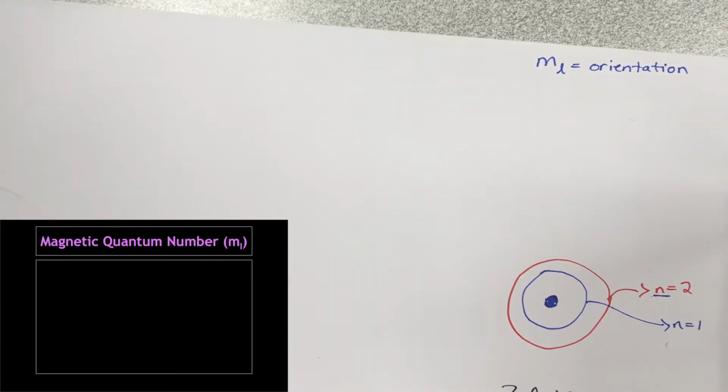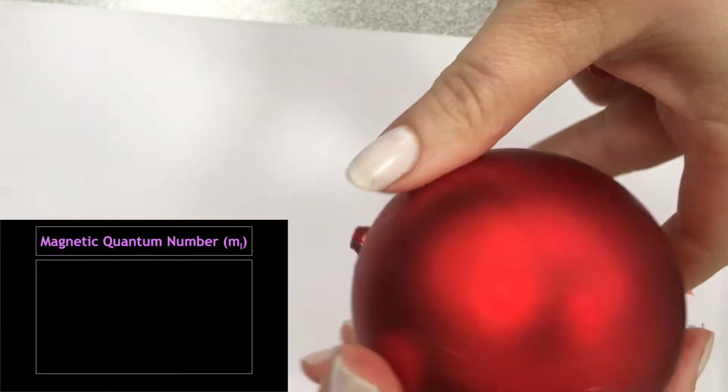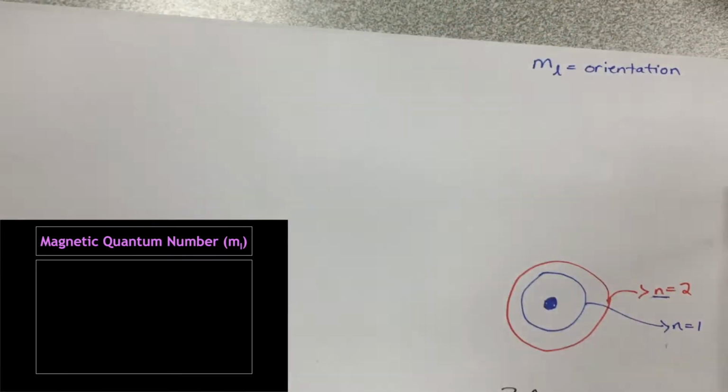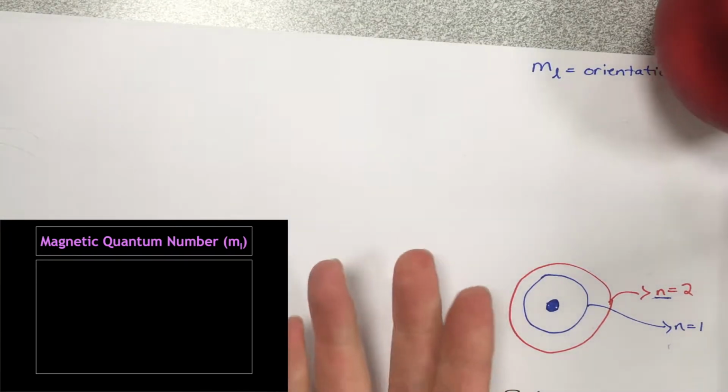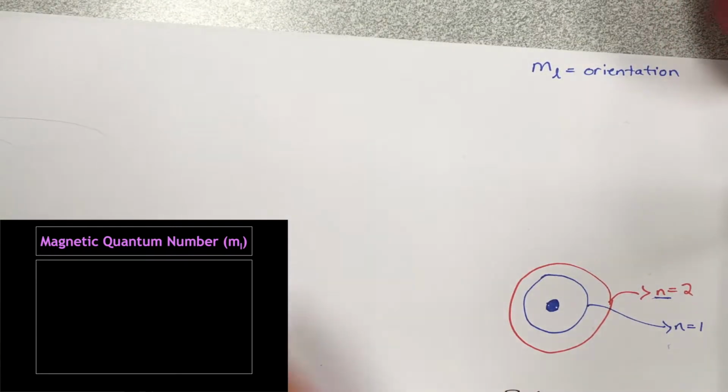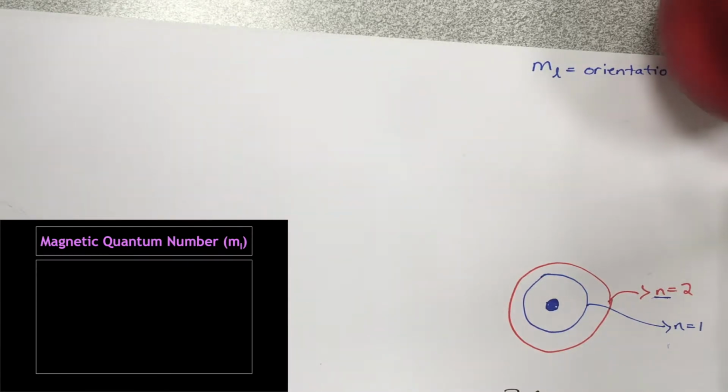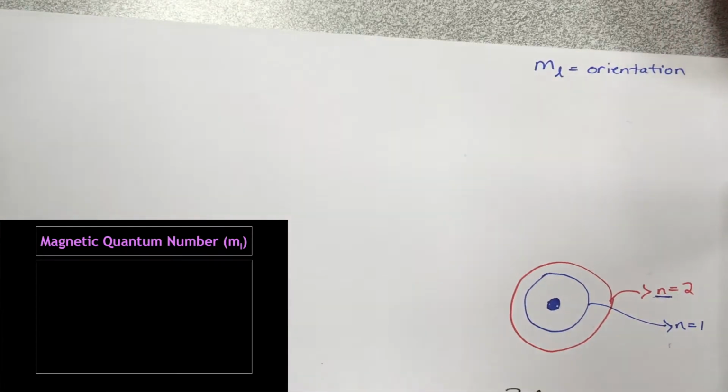That's just the orientation. If you have an S, there's only one orientation. If you have a P, there are 3 orientations. For D, there are 5, and for F, there are 7. It's just like the orbital notation with the circles.